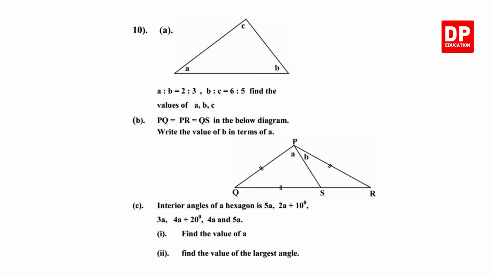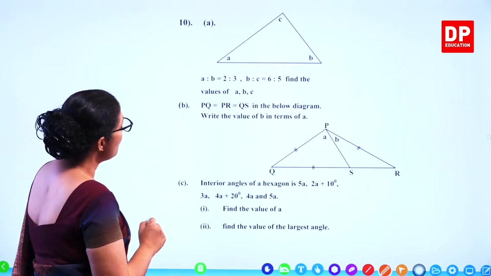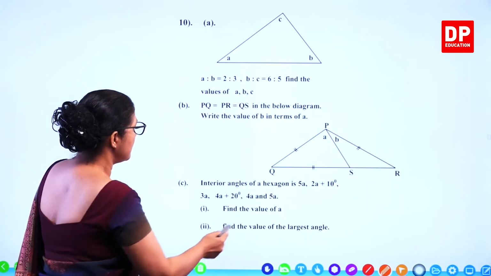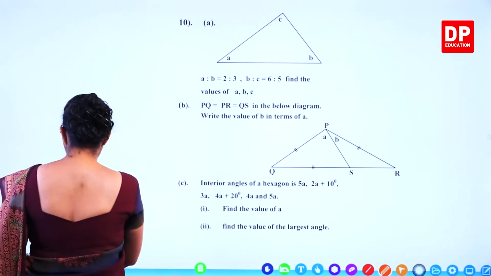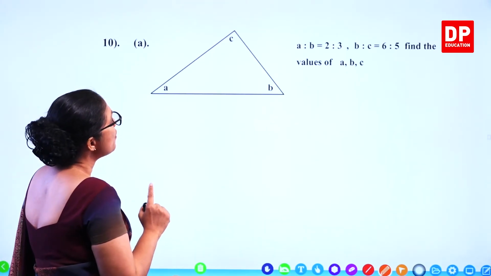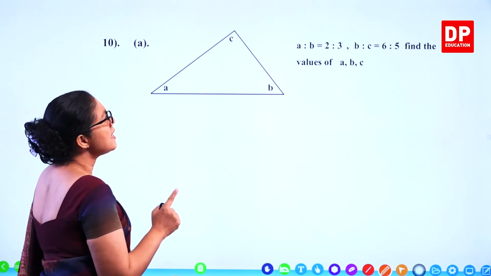Question number 10. So you have to prove that. And here you have to find out the angles there. So let's do separately. A to B is 2 to 3. B to C is 6 to 5.